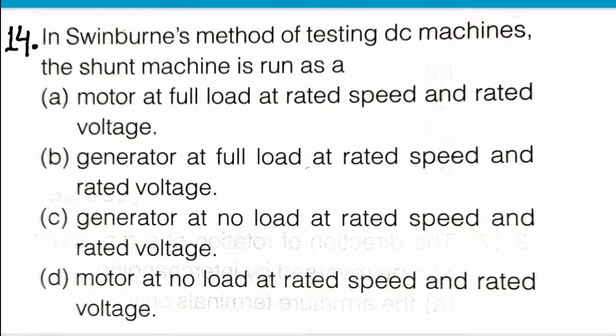Next question, in Swinburne's method of testing DC machine, the shunt machine is run at: option A, motor at full load at rated speed and rated voltage; option B, generator at full load at rated speed and rated voltage; option C, generator at no load at rated speed and rated voltage; option D, motor at no load at rated speed and rated voltage.